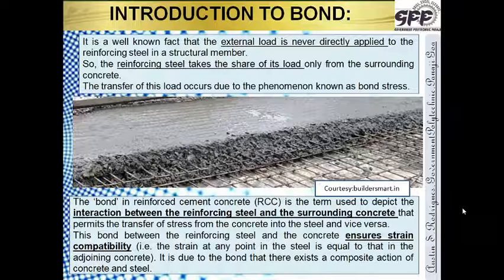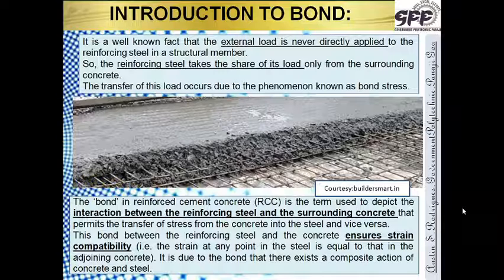Even on the slab, the load is not directly applied on the steel, but on the top of the slab, sometimes at the side, in case it is wind load or things like that, but it is always on the concrete side. It is never directly applied on the reinforcing steel in the structural member.